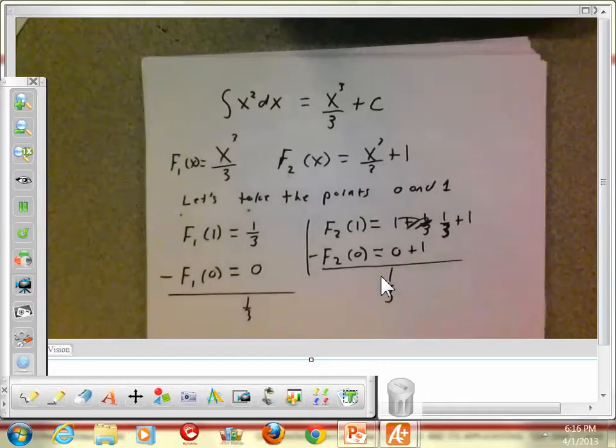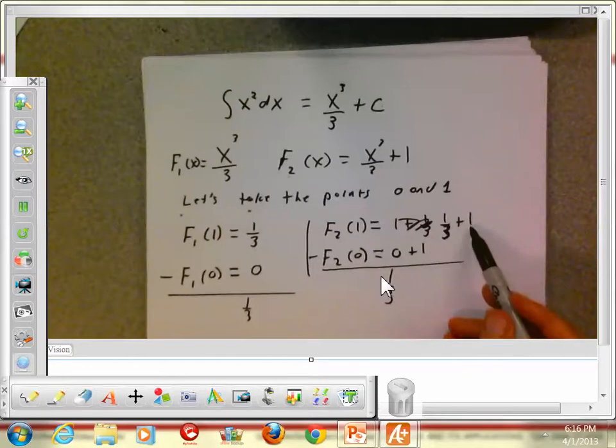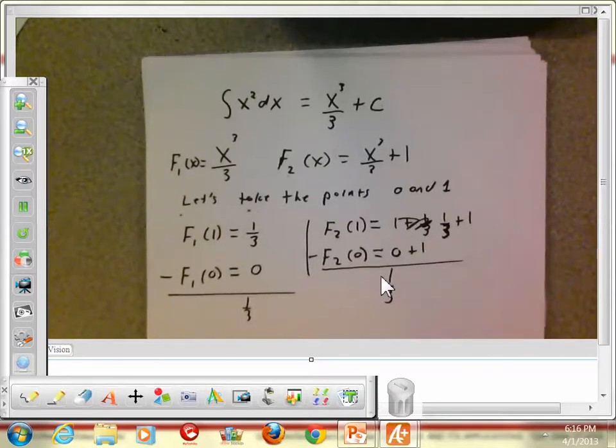The reason is that any two antiderivatives can only differ by a constant. So when you subtract between the same two points, the constant term, which in this case is 1, cancels out. If we used a different constant, it would cancel out too. So we can pick any antiderivative we want, and we'll always take the constant term to be 0, because it's the easiest one to work with.